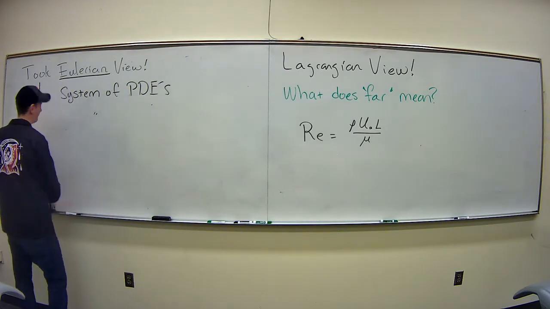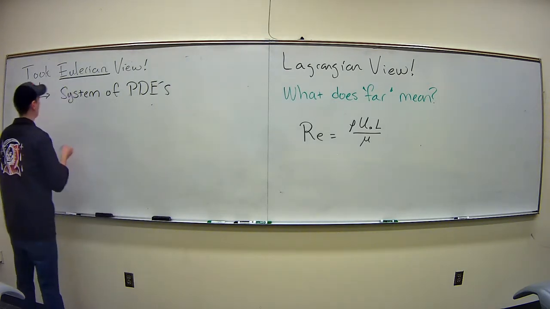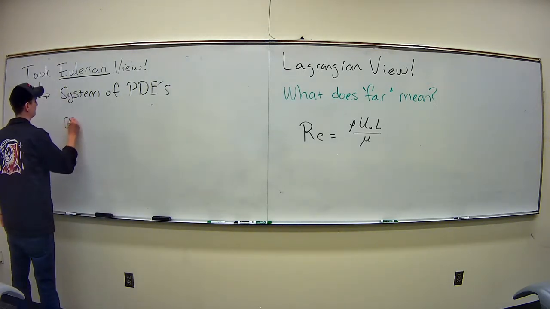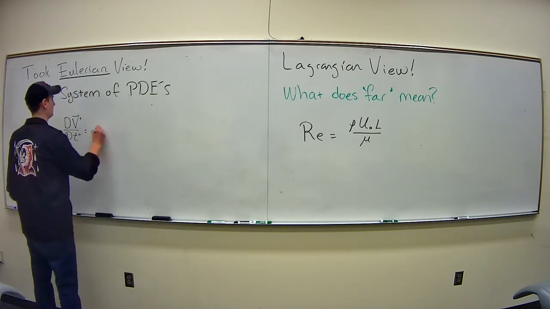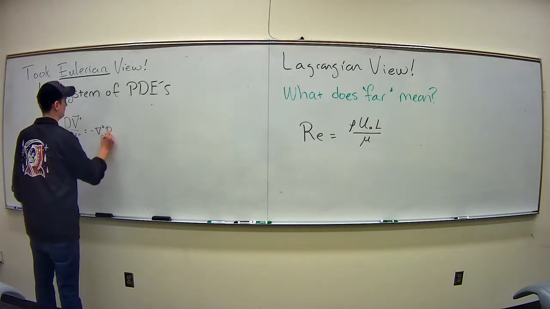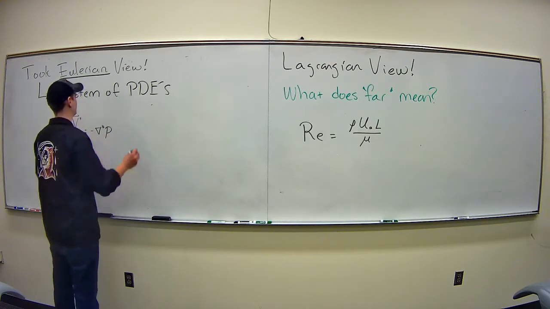So much of it came from here. Where does this thing show up? Well, in a non-dimensional form where I have a material derivative. So I'll explicitly say all this is non-dimensional. That's the negative pressure gradient.